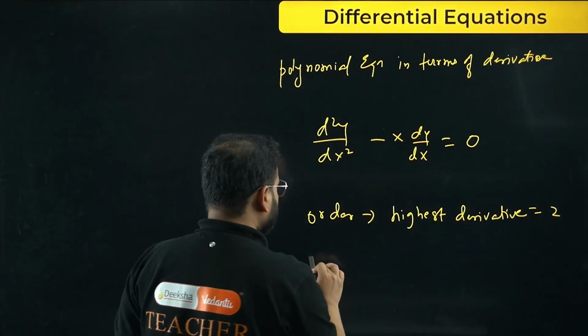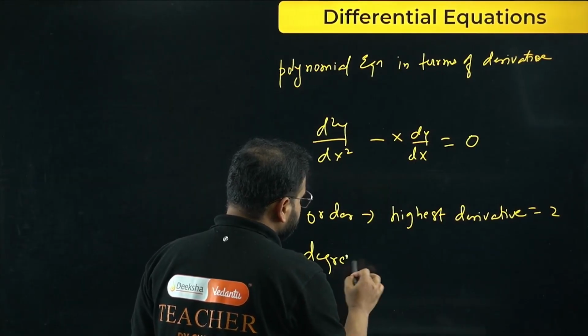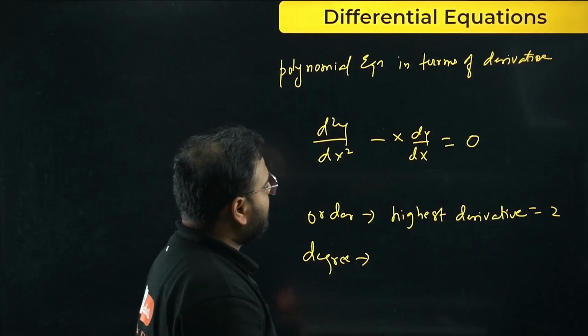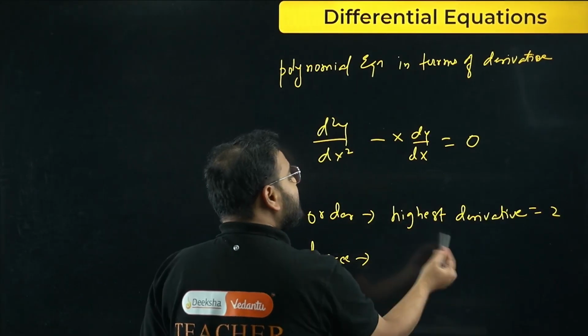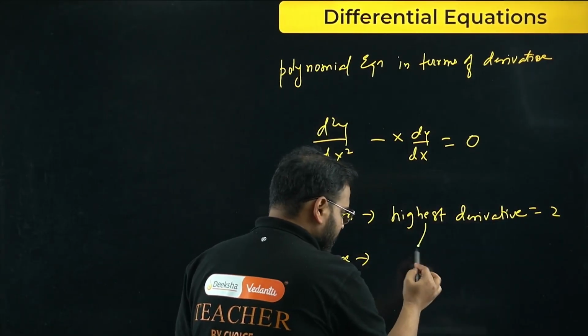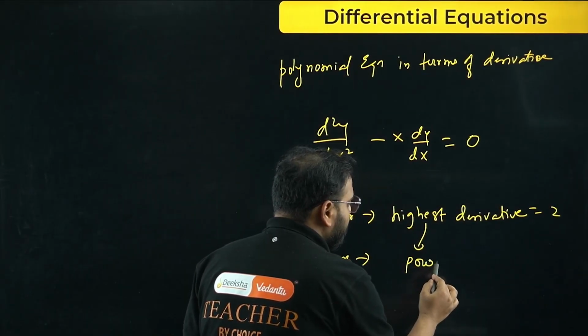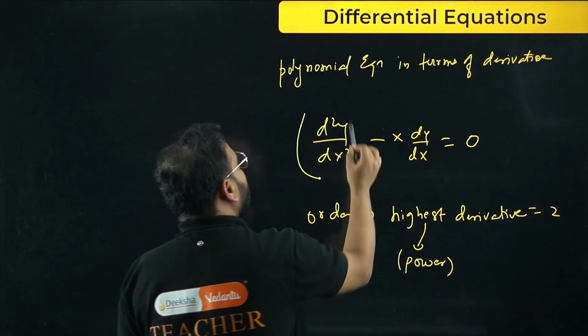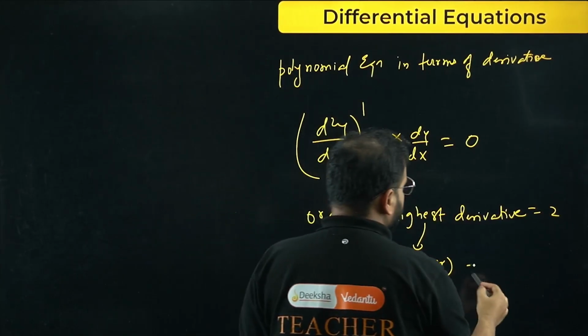What about degree? For degree, you will have the power of the highest derivative. I'll repeat again, power of highest derivative. What's the power of the highest derivative over here? Nothing, so 1. What's the degree then? 1.